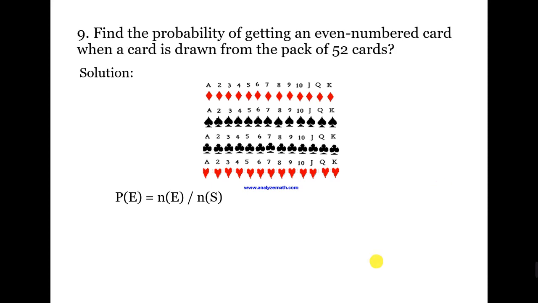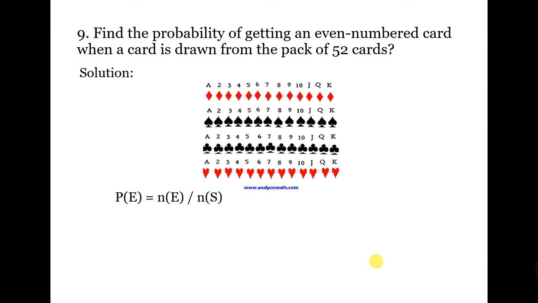For problem number 9, find the probability of getting an even numbered card when a card is drawn from the pack of 52 cards. In this problem, we're going to use the same procedure from the previous one as we're looking at the probability. But we will just focus on the even numbered card as stated in the problem.